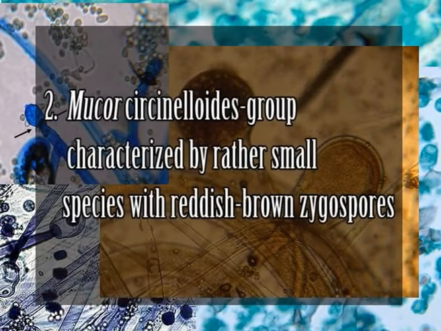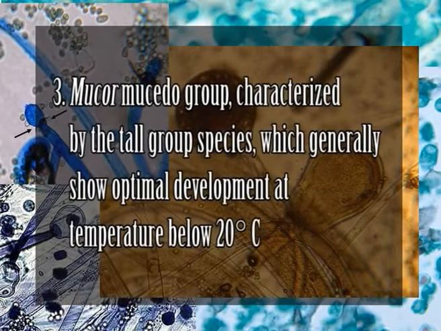The other two groups are the Mucor sericeniloides group, characterized by rather small species with reddish-brown zygospores, and the Mucor mucedo group, characterized by tall species which generally show optimal development at a temperature just below 20 degrees Celsius.